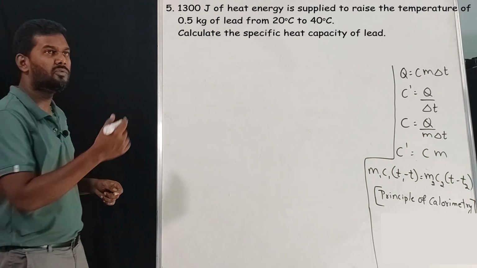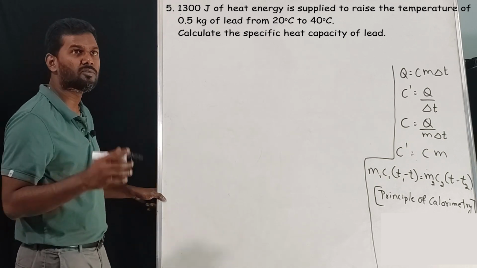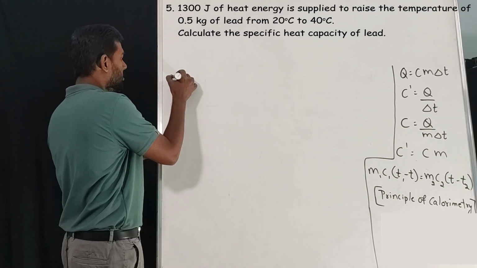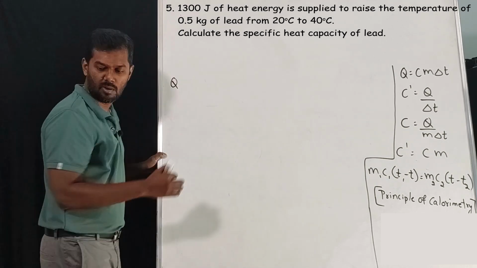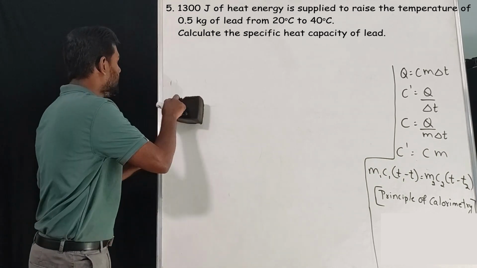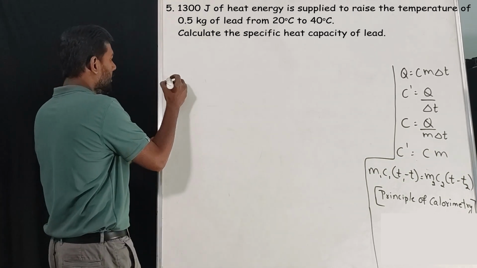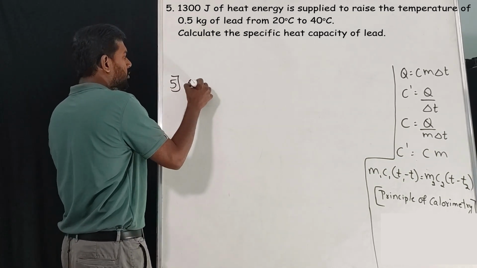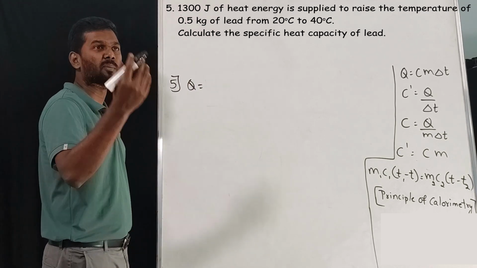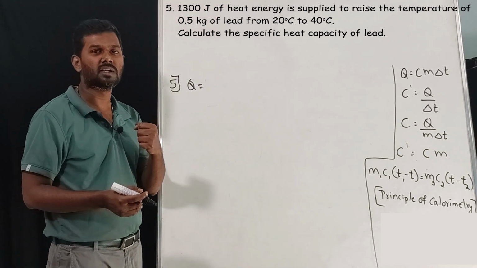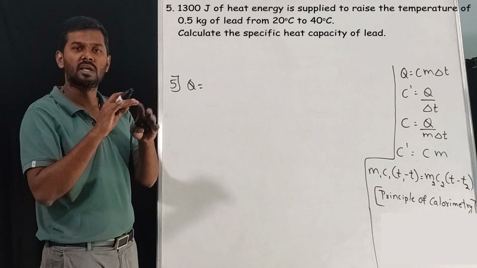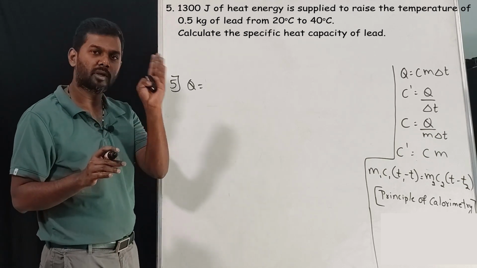Okay, here listen, first we'll write the given data, then we'll understand what we need to find. So Q is given, this is question number 5, right? Heat energy supplied, heat energy absorbed, heat energy attained, all those things are nothing but Q only.